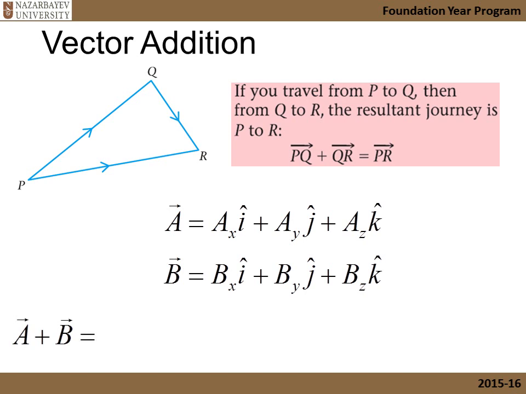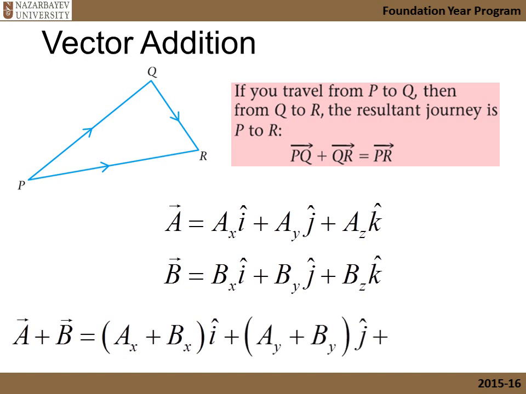We take the corresponding coefficients at the unit vectors i, j, and k. So (AX plus BX) times i, plus (AY plus BY) times j, and plus (AZ plus BZ) times k.